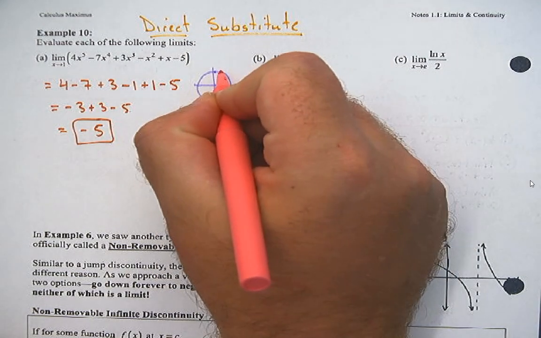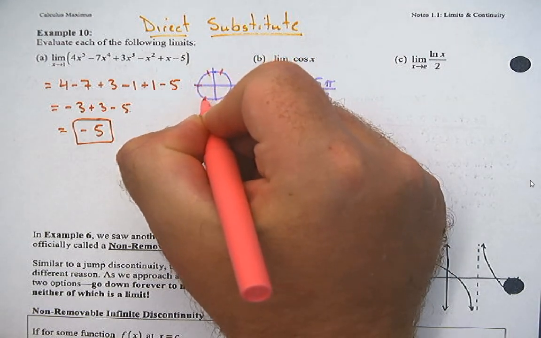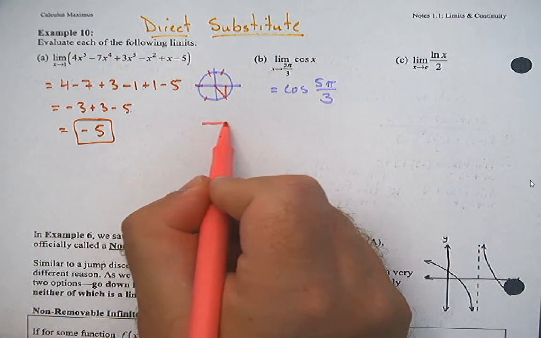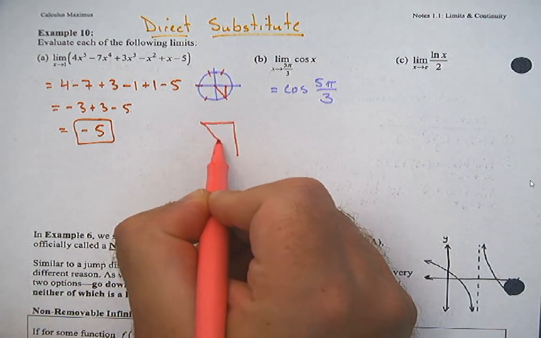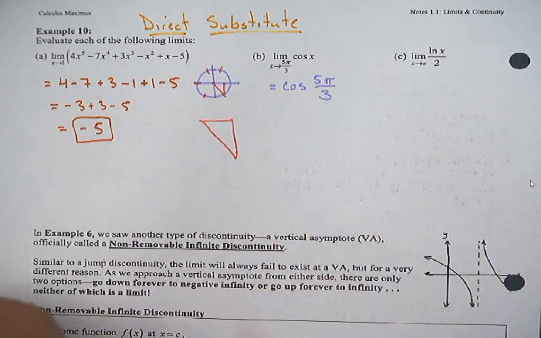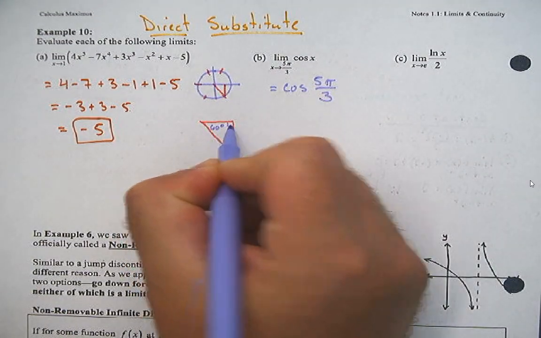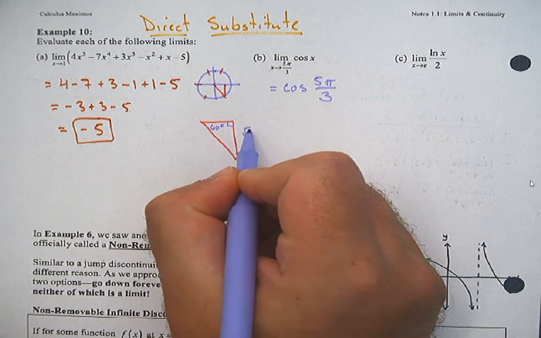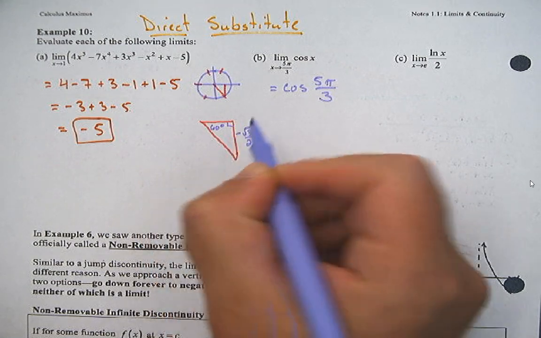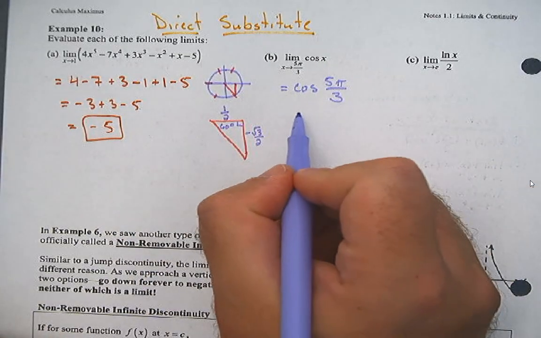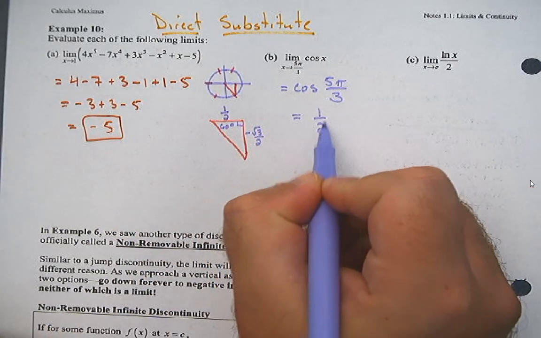I'm counting by 60s. 1, 2, 3, 4, 5. Take that and blow it up. This is a 60. There's a right angle. 60 is square root 3 over 2, it's negative. Cosine is 1/2, it's positive. I want cosine. Cosine is x, so I would get 1/2.